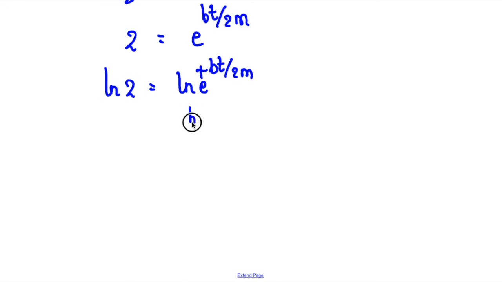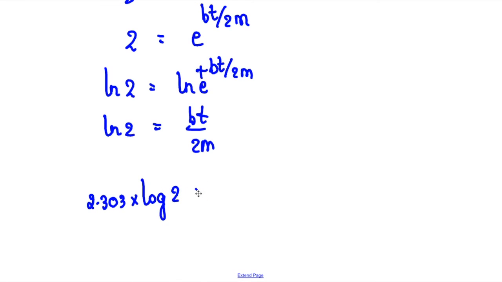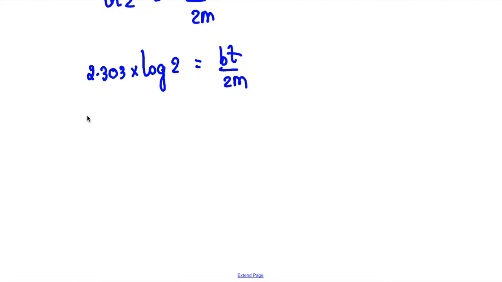It is bt by 2m equals the natural logarithm of 2, but the natural logarithm of 2 is nothing but 2.303 into log 2, that equals bt by 2m. Again my log 2 is 0.3010, that equals bt by 2m.